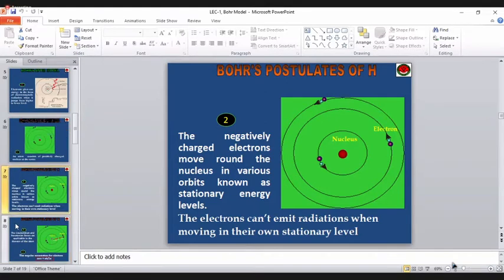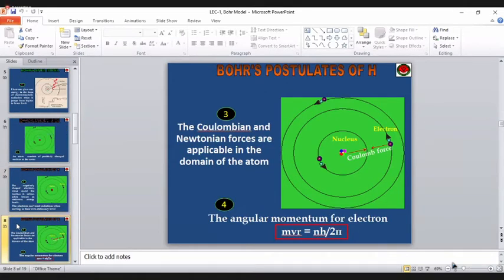Okay, now go to our third point. Third point is that electrons are moving around the nucleus. Okay, keeping nucleus at the center, and electrons are moving around the nucleus. Okay, now think about one electron. One electron is moving around the nucleus.